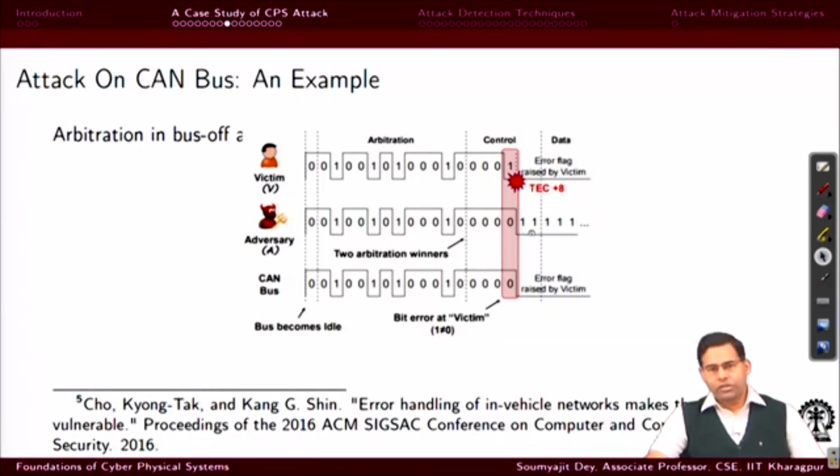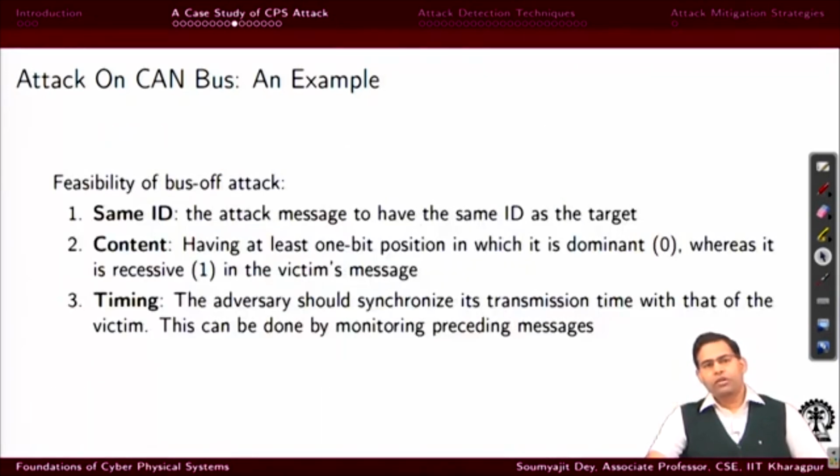The original arbitration has already happened, and unfortunately, due to the adversary's presence, there are two winners with respect to the other messages. Now, in the payload part, the contents are almost the same, but there is at least one bit position where the adversary is dominant, right.